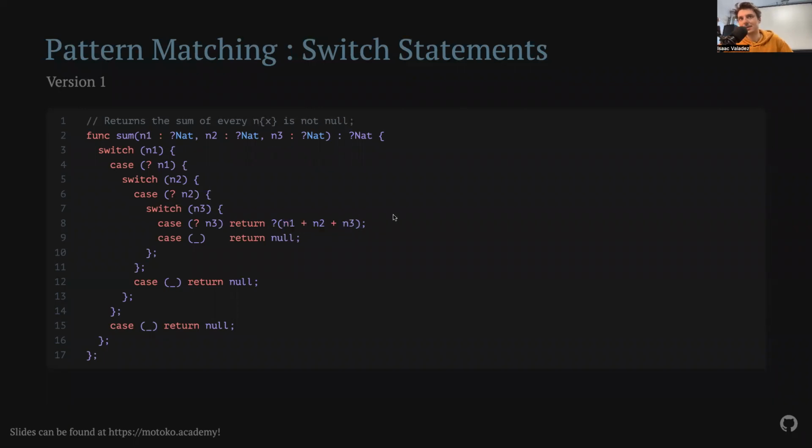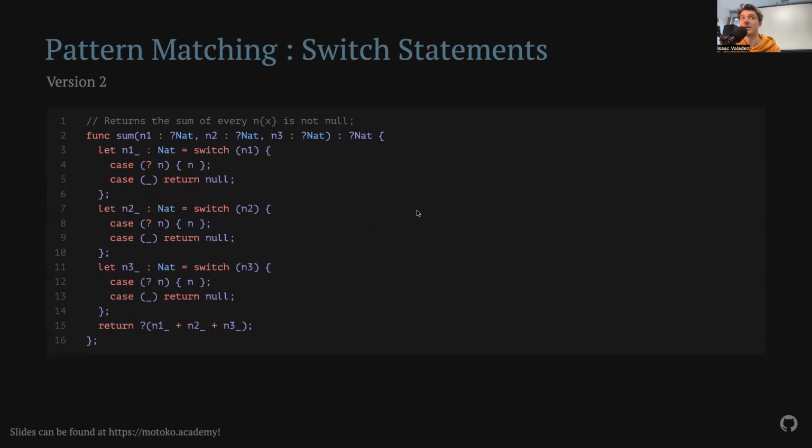But the problem here, and it's not wrong, the code is right, it does what you want it to do, is that it becomes very unreadable if you nest a lot of switch statements inside each other. So there's actually a pretty easy workaround, and that's what I have as version 2.